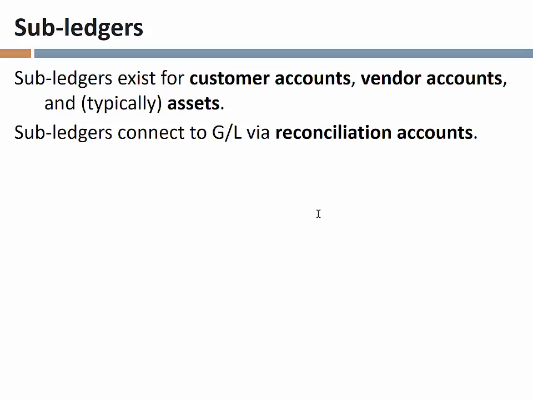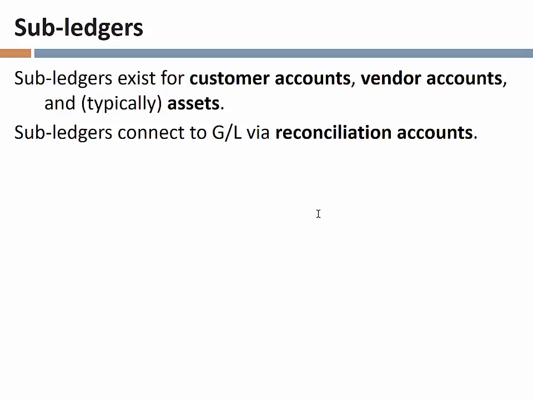What's the most important fact for me to keep track of in regards to buying stuff from these companies? Yeah, my accounts payable, how much I owe them. Every one of these companies, when I buy stuff from them, they expect me to pay them back. So at any given point in time, I might owe Acme $500, and I might owe Stuff and Stuff $1,200, and I might owe Company X $5,000.